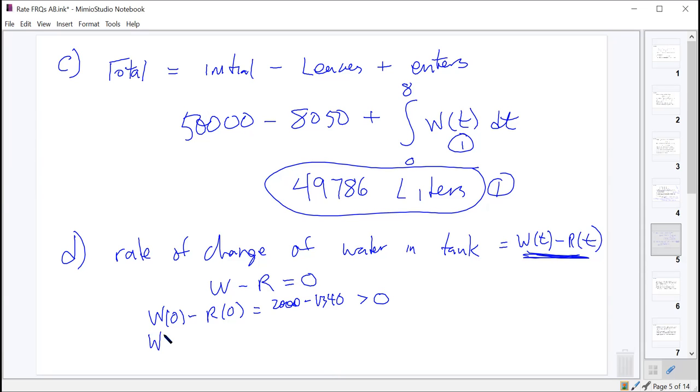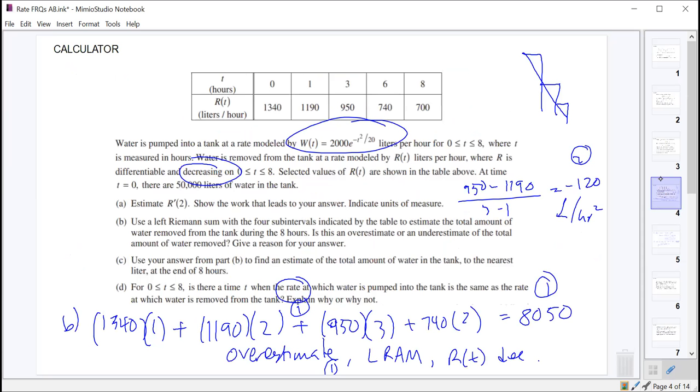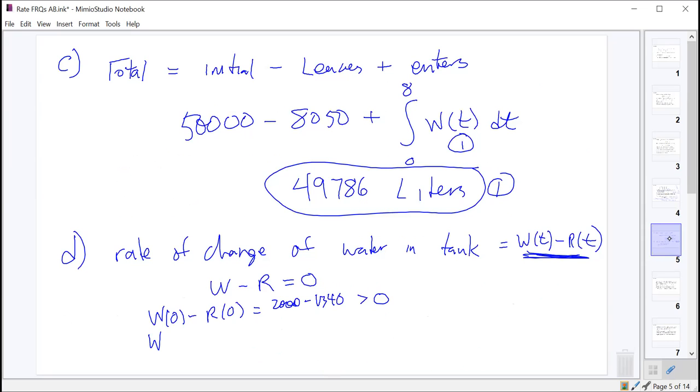It doesn't really matter what we try. I mean, we've got to try one that works. What do you guys want to try? 1, 3, 6, 8? All right, 8 it is. Let's try that. So W of 8 minus R of 8 is what?